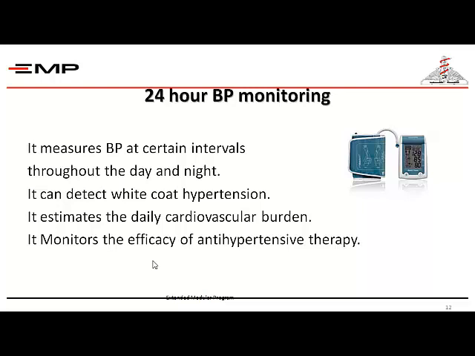It monitors the efficacy of antihypertensive therapy. If the patient is hypertensive and you are giving him 1, 2 or 3 medications and you want to measure the efficacy of this antihypertensive therapy, 24-hour blood pressure monitoring is the tool.